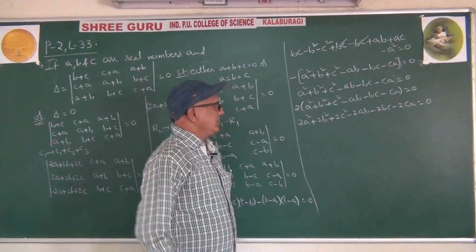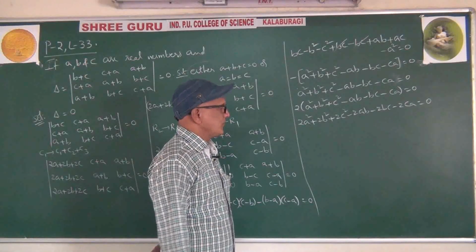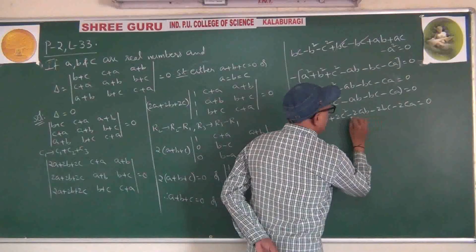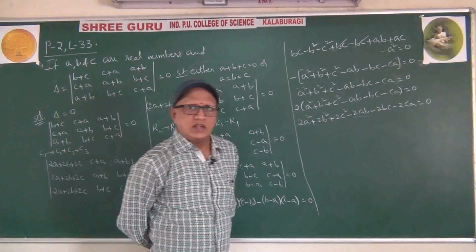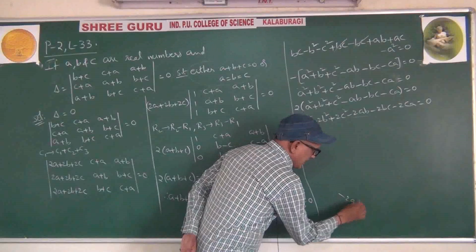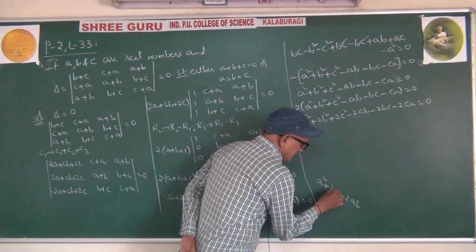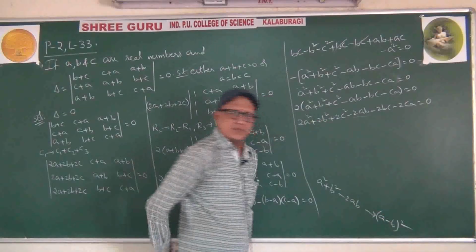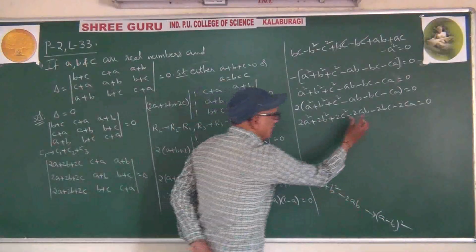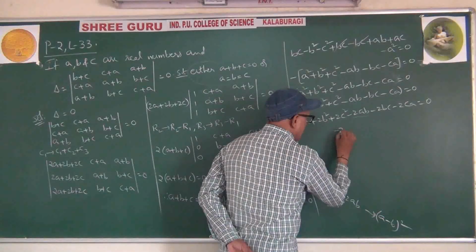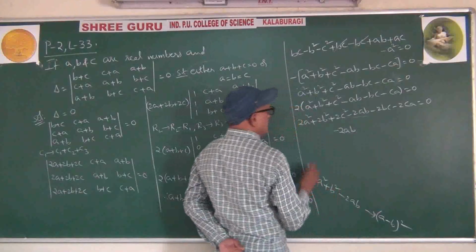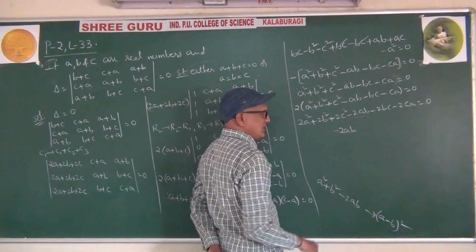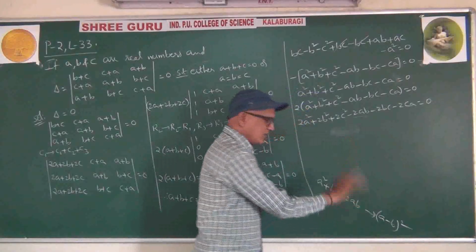Right? Here, minus 2ab with the minus 2ab, if a square plus b square is there, then I can write a minus b whole square.